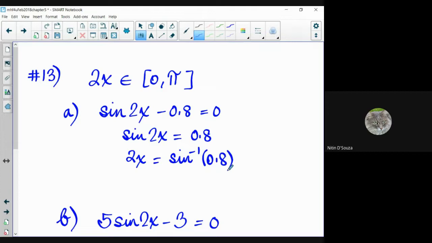You got to make sure your calculator is in radian mode, and you've got 0.8, second function sine. I got 0.927, so 0.93. So if 2x is equal to 0.93, x must be, divide that by 2.